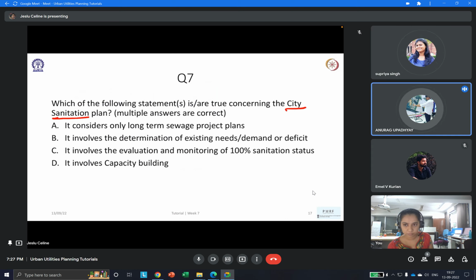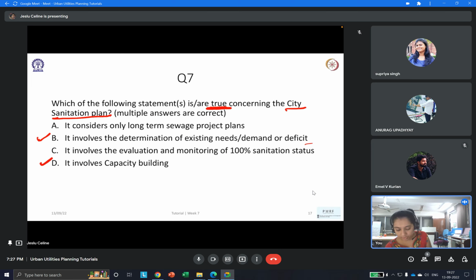I guess B and D. So you're saying B and D are true. B is true, that it involves a determination of existing needs or demands and deficits. Okay, right. It makes sense. And you're saying D, it involves capacity building.